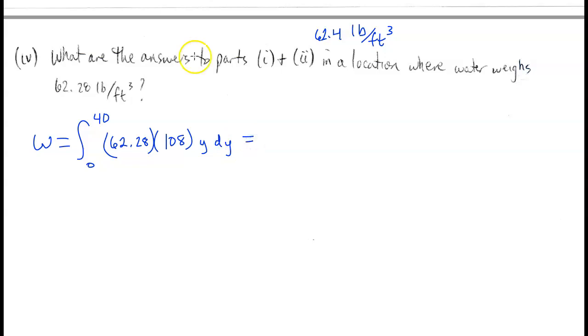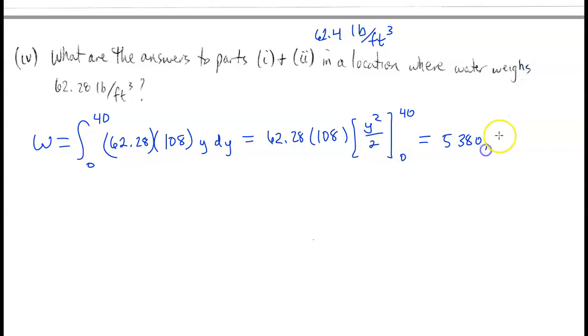So if we do that, then of course we have 62.28 times 108, and we will take the antiderivative of y, evaluate it from 0 to 40, and I won't bore you with all the details on that. The answer just ends up being 5,380,992, and that would be foot-pounds.